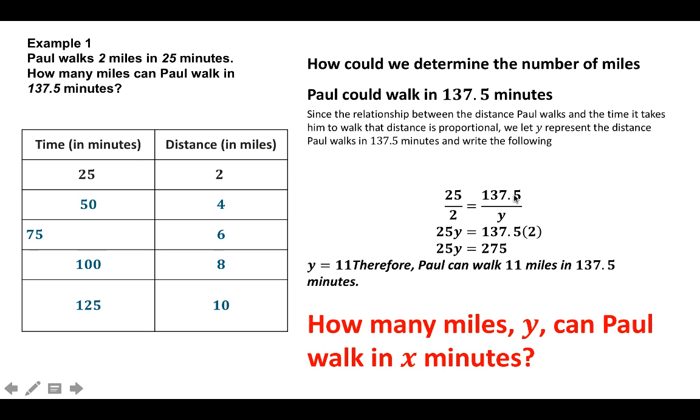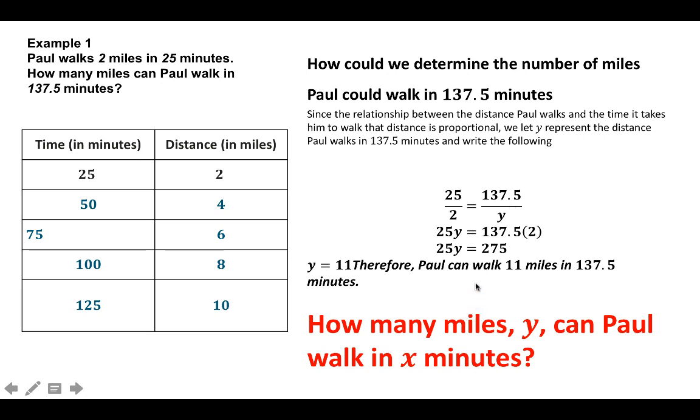Therefore, if you need to find the distance covered in 137.5 minutes, this ratio will be equal to the ratio of the same 137.5 minutes upon y. y is something we need to find, how many miles, and the proportions will remain the same.